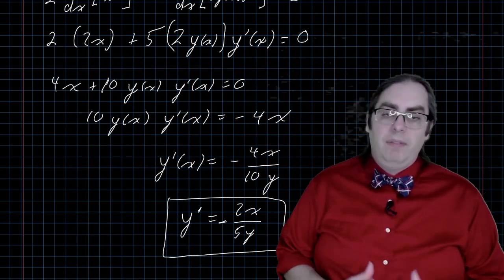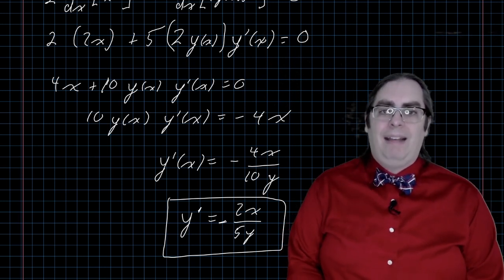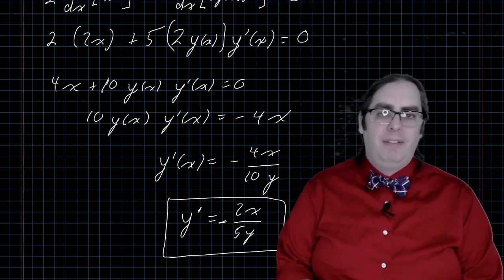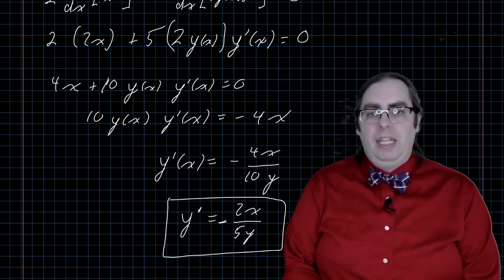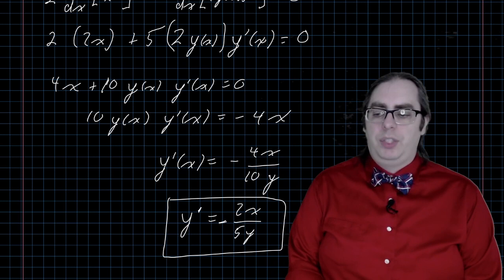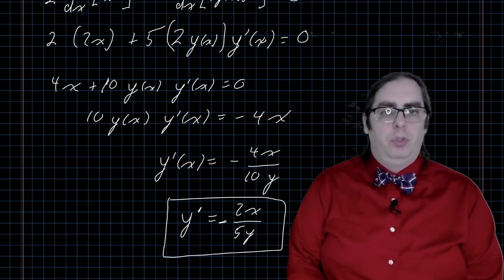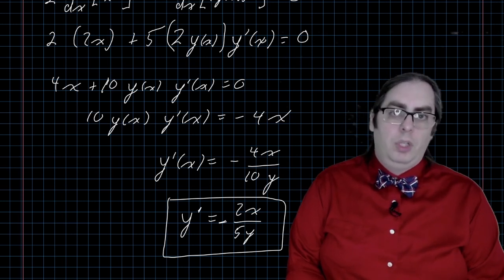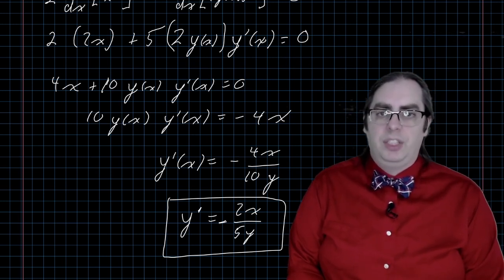All right, so even when we don't have explicitly a function, we have y implicitly defining a function of x in the general vicinity of the point in question, we're still able to find an expression for y prime. From here, we could likewise find the equation of a tangent line.